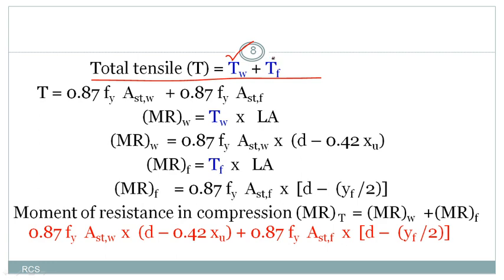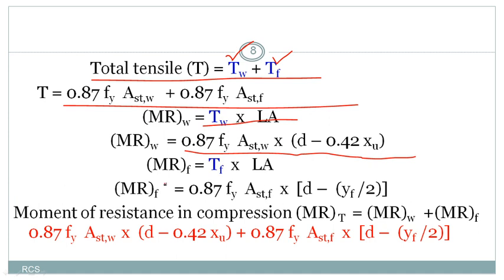Next, calculate the total tensile force in the T beam, that is the sum of the tensile force in the web and the tensile force in the flange. If we add together we will get the total tensile force as 0.87 fy Astw plus 0.87 fy Astf. If you want to know the moment of resistance in the tension zone of the web, that is Tw into the lever arm, that will be this equation. For the flange region, the moment of resistance equation will be like this.